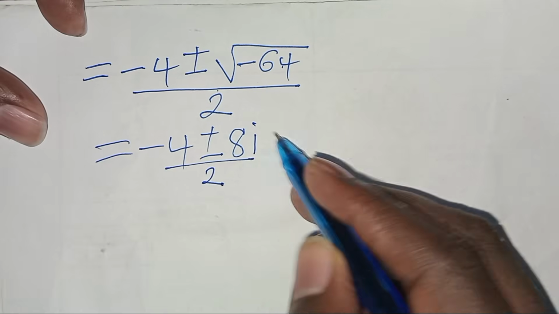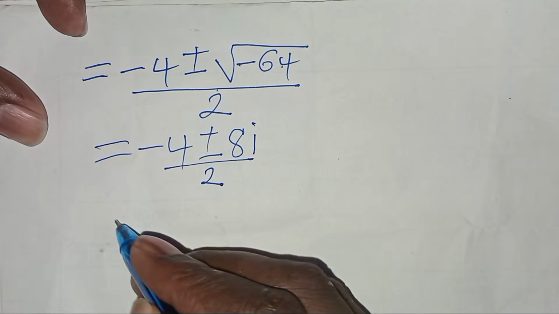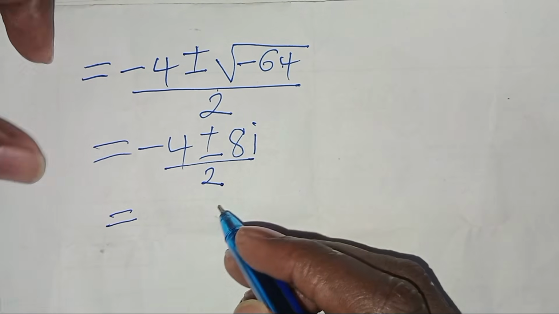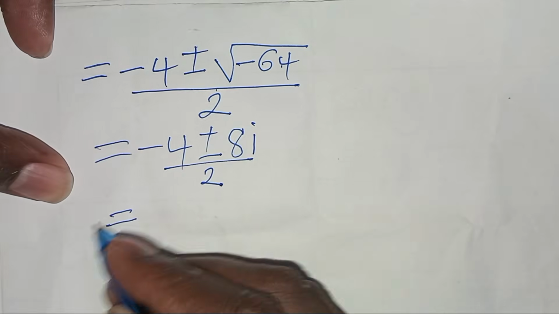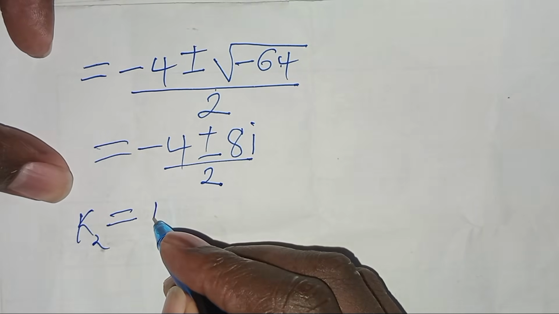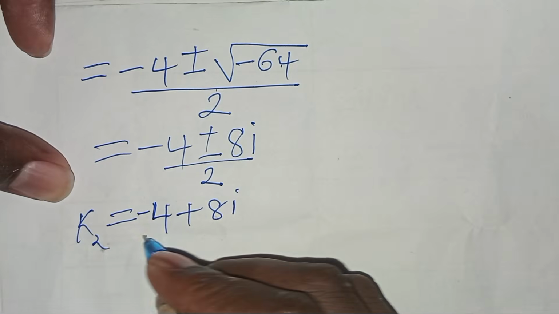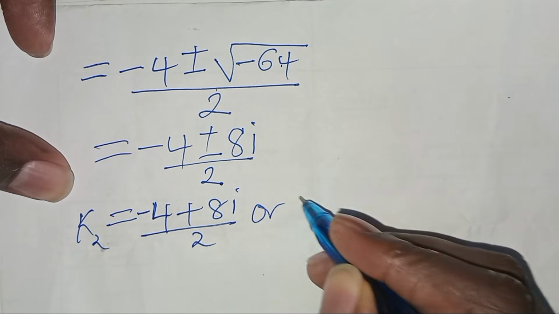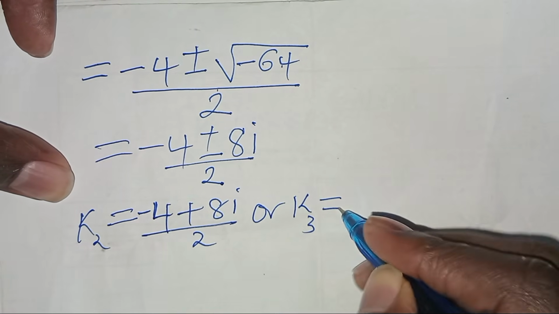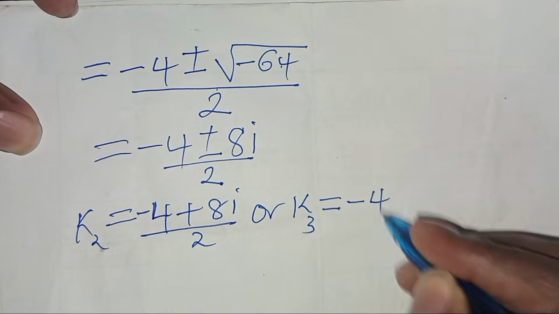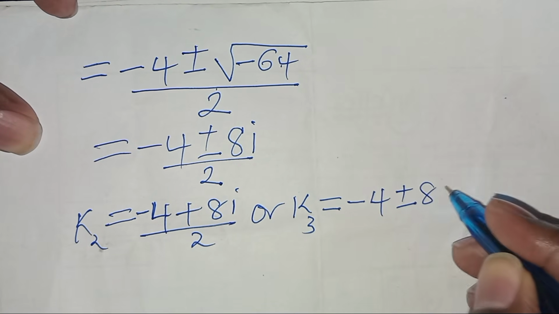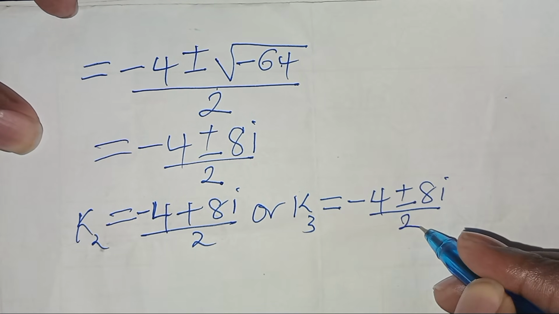So now we have two possible values of k: k2 as negative 4 plus 8i divided by 2, or k3, which is negative 4 minus 8i divided by 2.